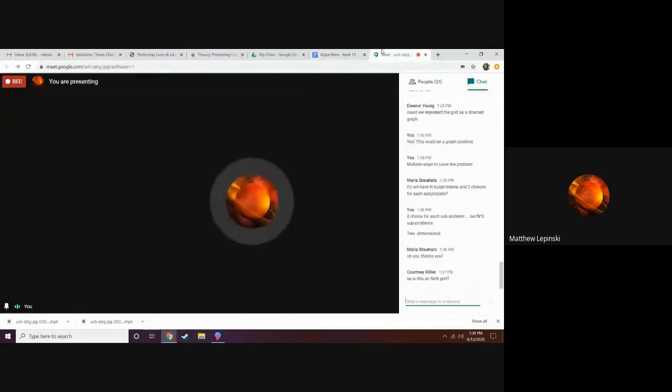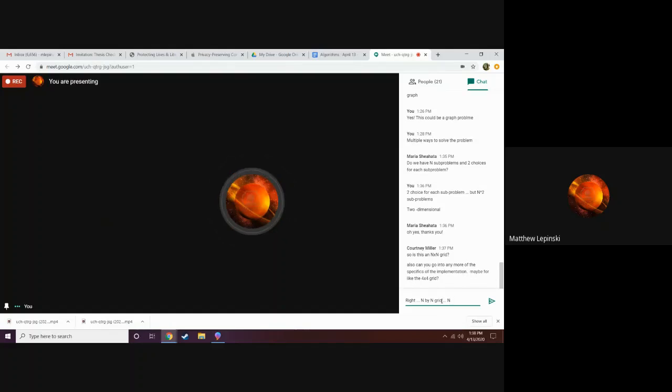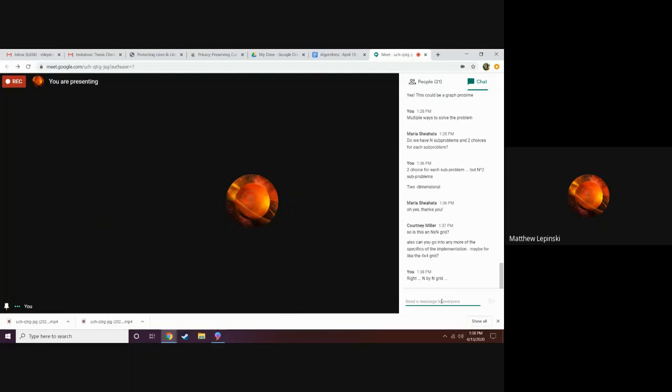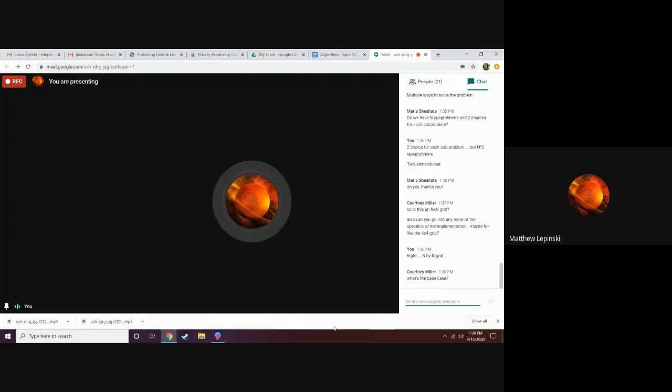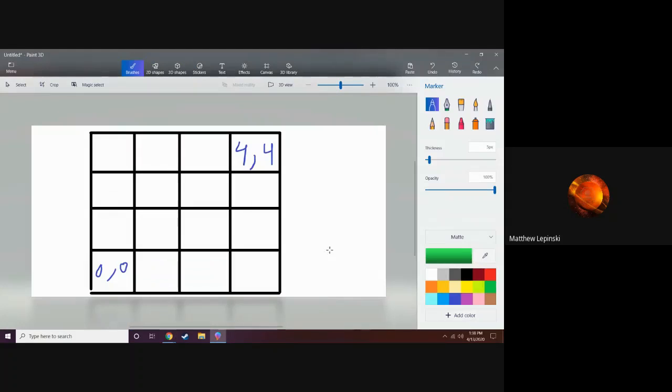Right, this is right. N by N grid. Okay. So Courtney just wanted me to go into a little more detail. So let me draw some splotches and actually show you a little bit.